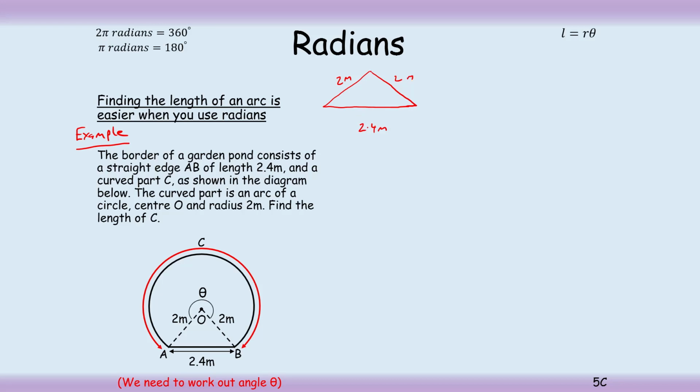Now if I drop a line down here, then I end up with a right angle triangle, which is great, because now if I call this angle x, I can call this 1.2 because it's halfway, and that's also 1.2. Now I know that's 1.2. The hypotenuse is 2 meters. I've got a right angle triangle. I can find x using SOHCAHTOA.